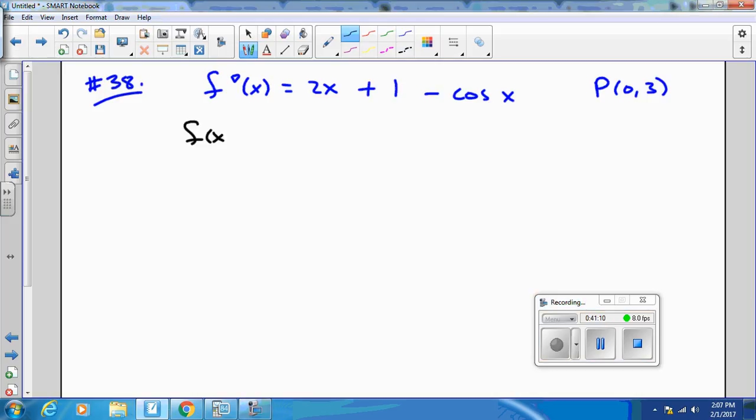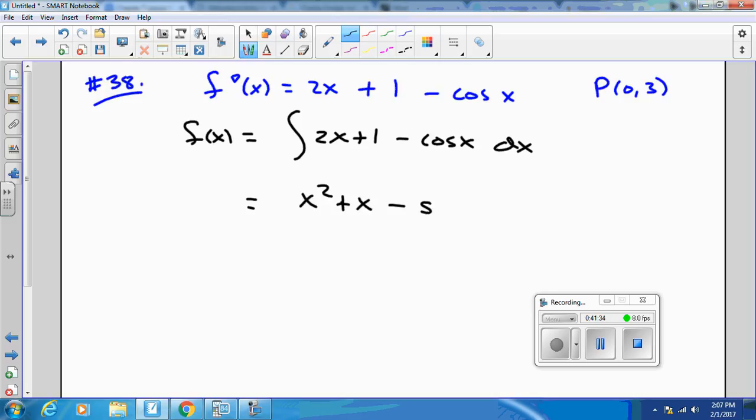Okay, what you got? Do you have a representation? What is it? That you need to tell me first. Yes. Yep. Okay, now. x squared plus x minus sine x plus c. Yes. If you do not have the plus c, it will not go through the right point.